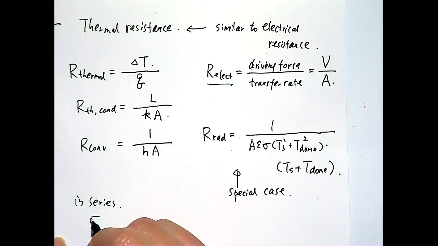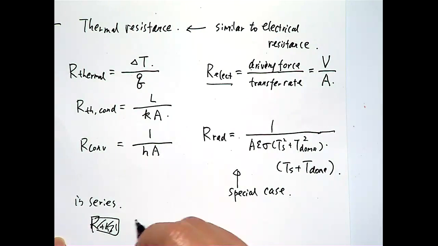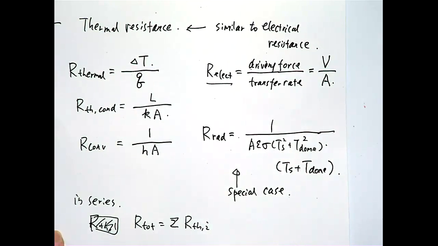So for example, if they happen in series, then the total resistance, sorry, R total, equals just the sum of each of the components. That's in series.